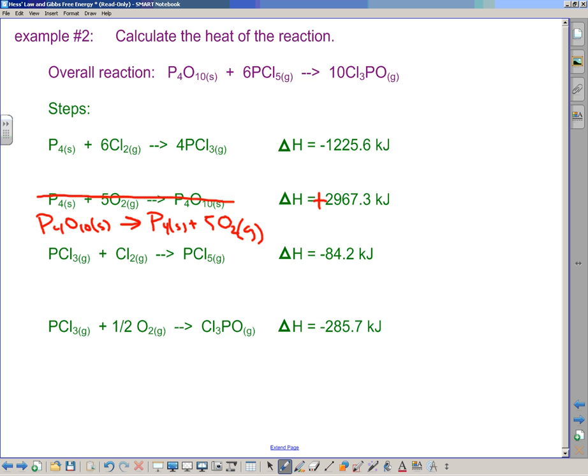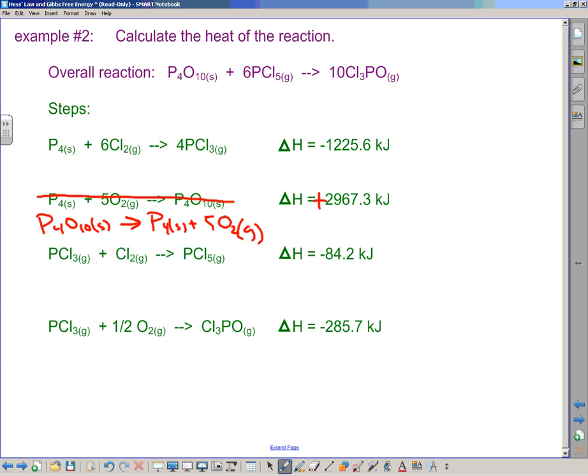That's going to change the delta H from negative to positive. The second substance, PCl5, don't worry about the coefficient right now. We'll take care of that next. We just want to make sure the substance is on the appropriate side of the equation. So PCl5, not in the first step, not in the second step, but in the third step, and it is on the opposite side of the equation that it needs to be.